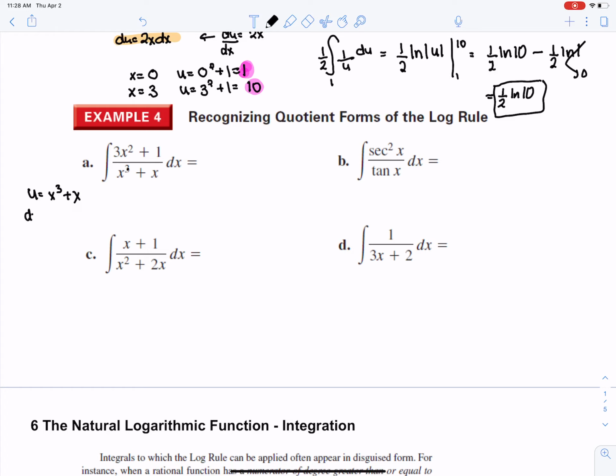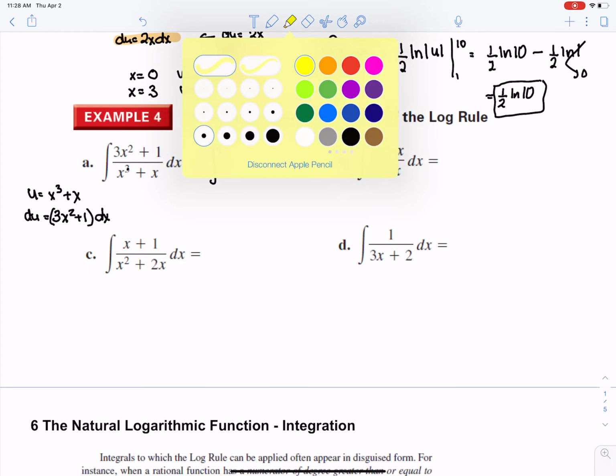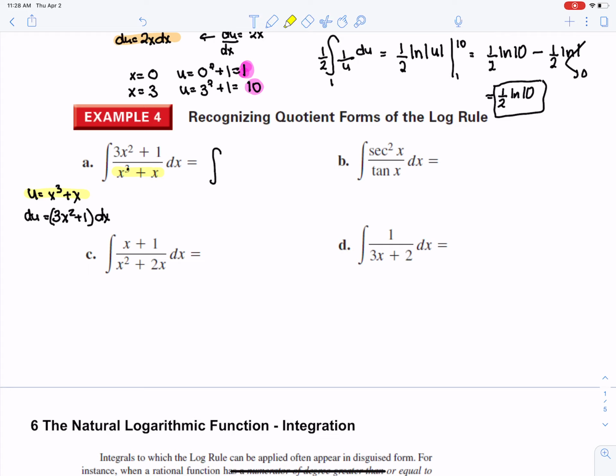My derivative term, du dx, is 3x squared plus 1. I'm automatically going to multiply the dx to the other side. So now my integral would become, the u becomes the denominator.